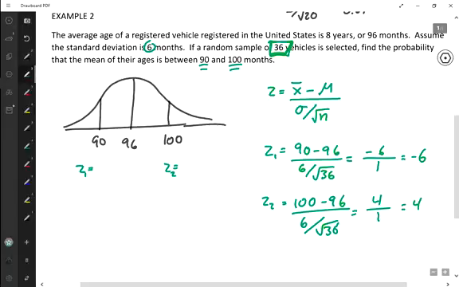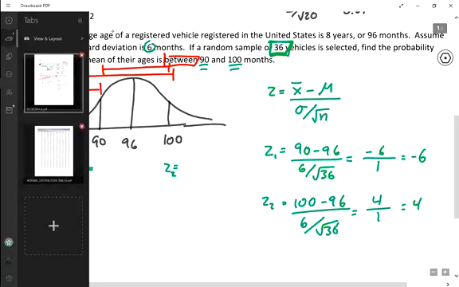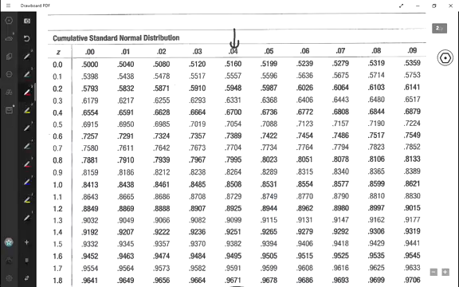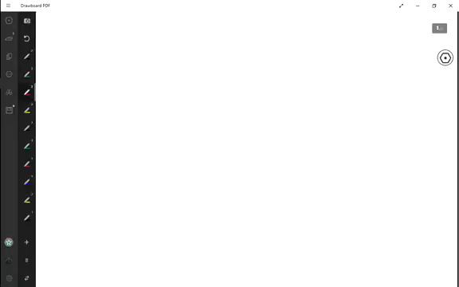Well, those are pretty big z-scores. You're going to see some interesting things happen with that. I want to know the area under the curve to the left of each of these values, so that I can do some subtraction to find the area between them. So I go to my table, and I need to look for the z-score of negative 6 and positive 4.